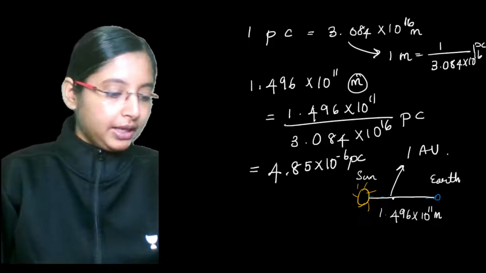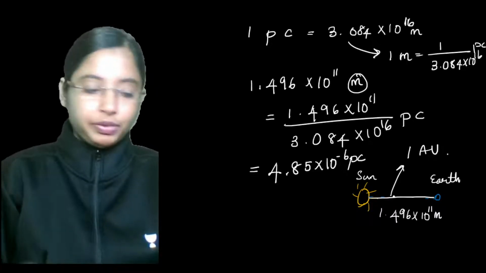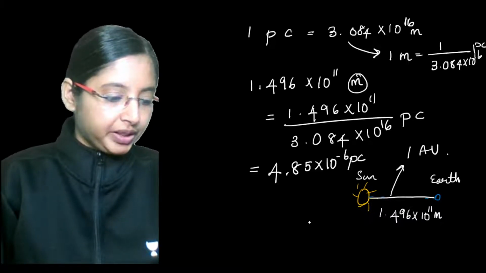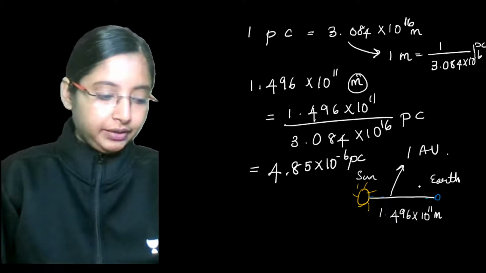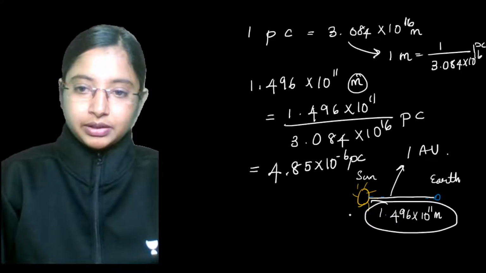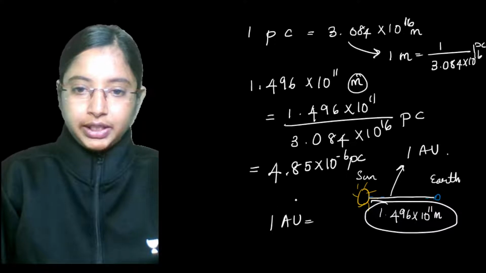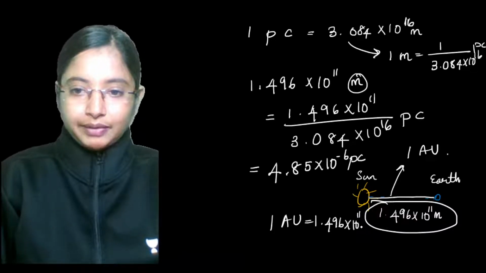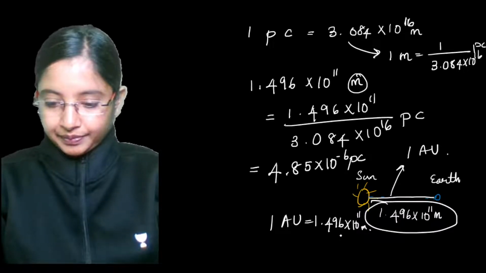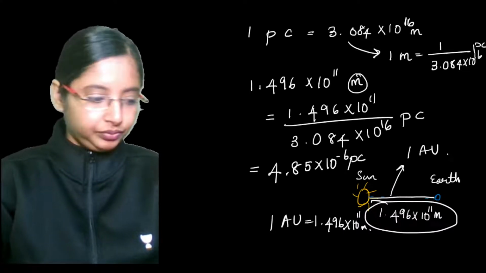Okay, so 1 astronomical unit is the average distance between Earth and the Sun, right? And the value of 1 astronomical unit is this: 1 AU is, in terms of meters, 1.496 × 10^11 meters. Okay, clear?